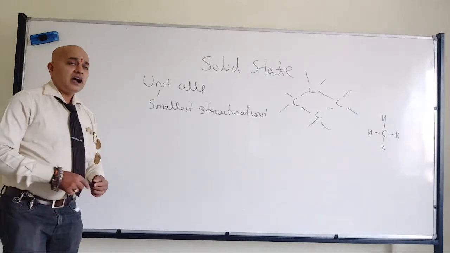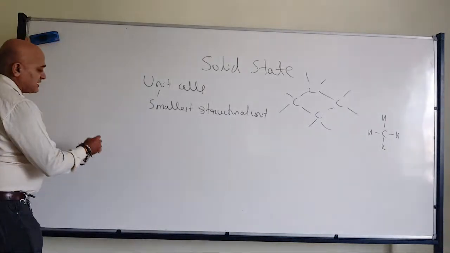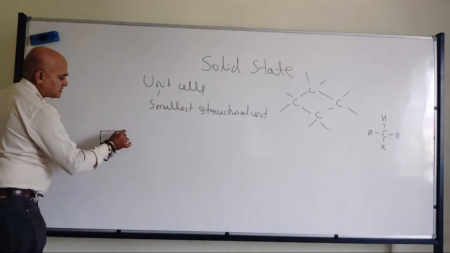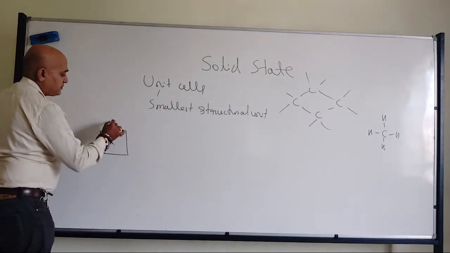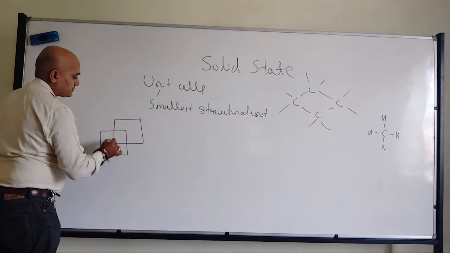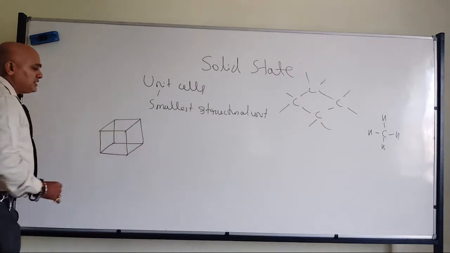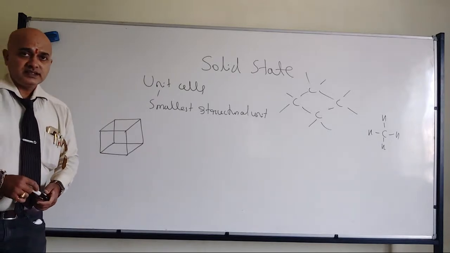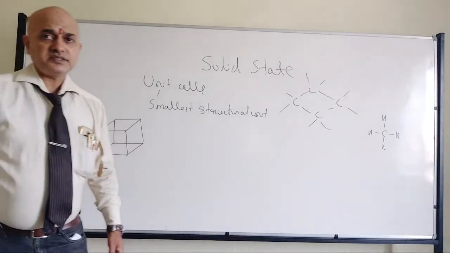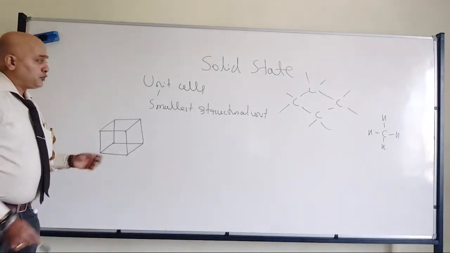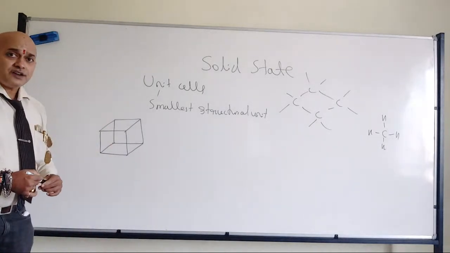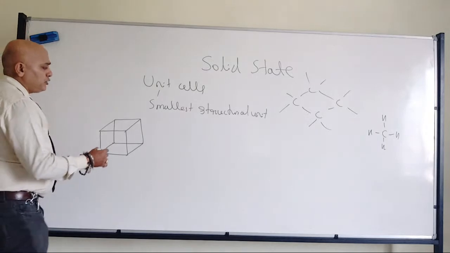Fine? How do we represent these unit cells? So this is a unit cell. It's a cube, which is there in your syllabus. Don't worry. Now if you observe it carefully, what is the speciality of the cube?